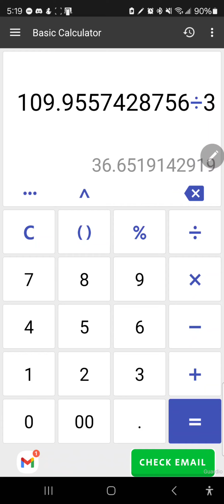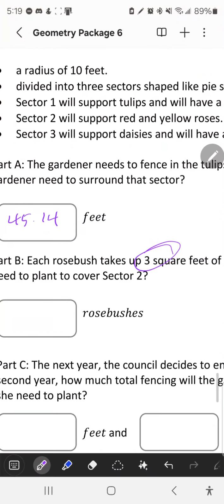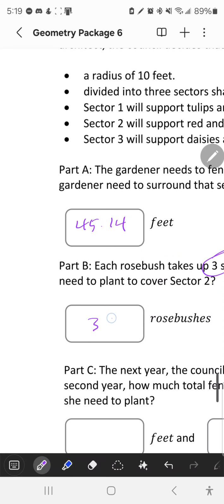Because of the same thing I said before. We cannot plant 0.65 of a rose. If we don't have space for a complete rose bush, we don't plant it. So we can only plant 36 rose bushes. The other 0.65 is just free space.